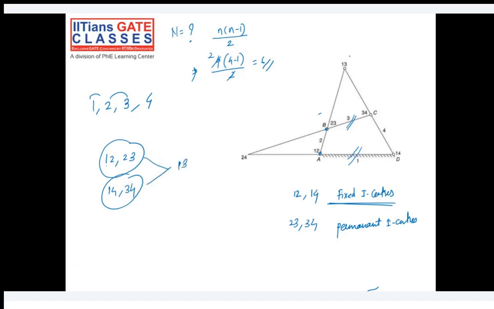Try to understand. This is the first line I'm talking about, and this is the second line. Whenever they cross each other, this particular center is I13.